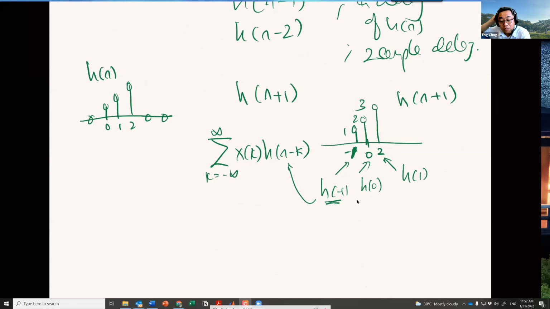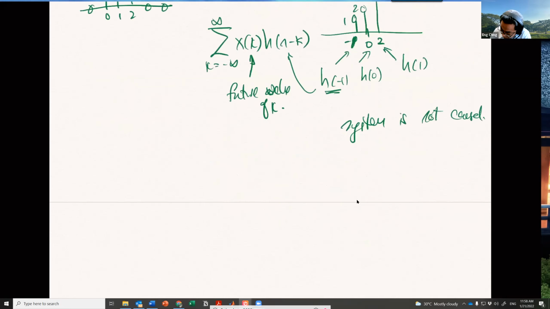Okay, so something is happening here. We need h of n minus k to shift left. Now, what it means is that we will need future values of k to perform this. And when this happens, then we say that the system is not causal.